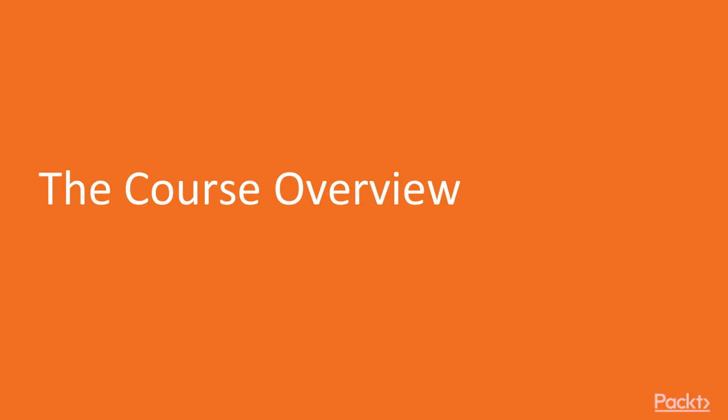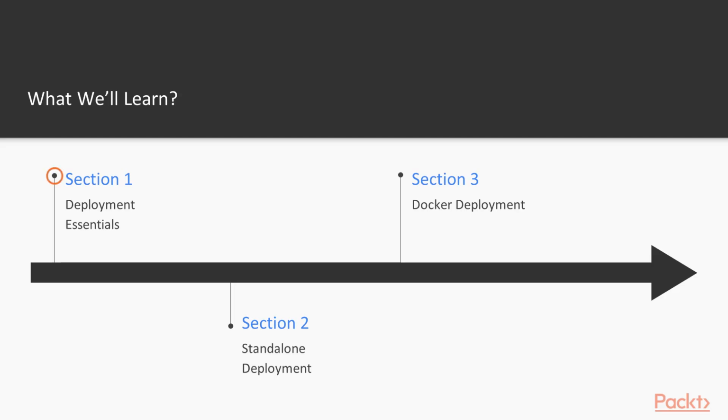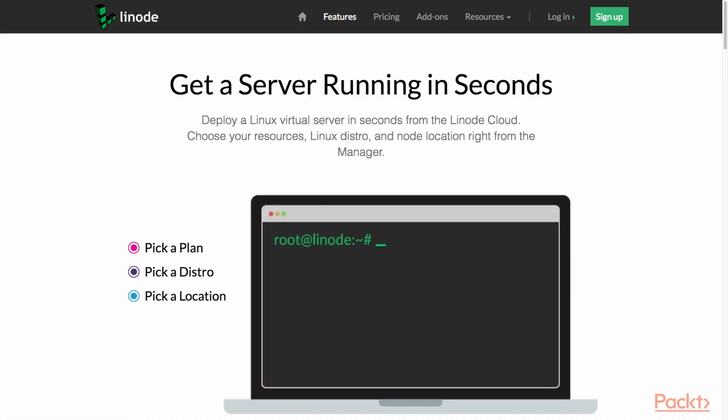In this video course, we will learn how to deploy Gopherface to the cloud. Gopherface is the full-stack Go application. In Section 1, Deployment Essentials, I'm going to introduce you to Linode, a major cloud provider of virtual private servers.